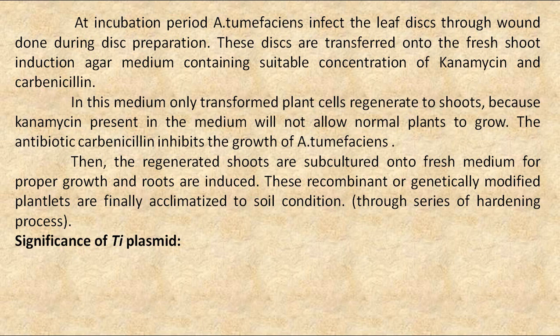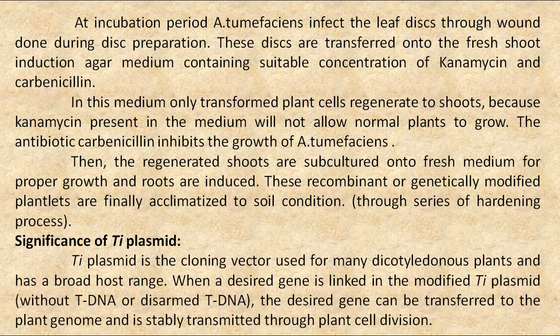Significance of the Ti-plasmid. The Ti-plasmid is a cloning vector used for many dicotyledonous plants and has a broad host range. When a desired gene is linked in the modified Ti-plasmid, the desired gene can be transferred to the plant genome and is stably transmitted through plant cell division.